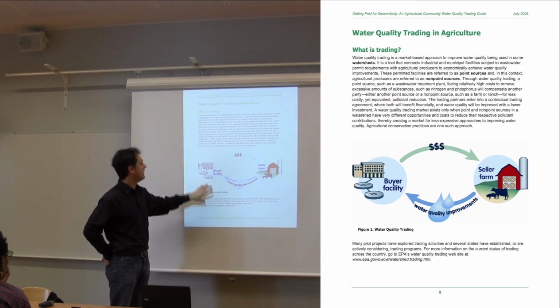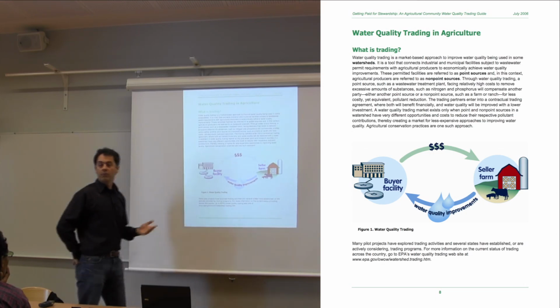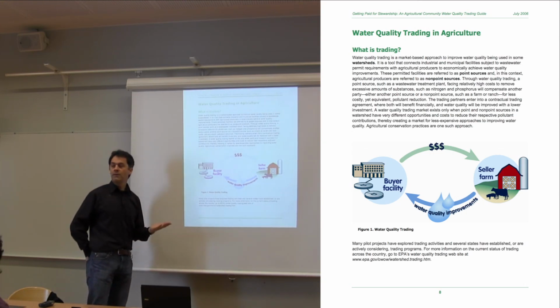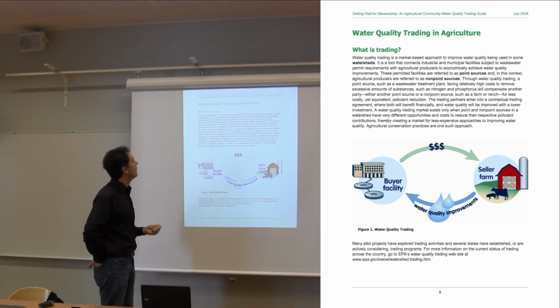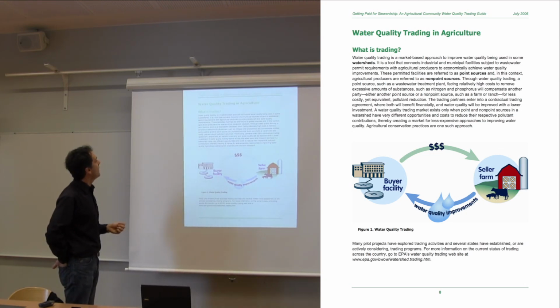For instance, in a water treatment plant, or some other watershed, it could also be a natural reserve, like a biodiversity reserve, some marshes, and so on. So it is a tool that connects industrial and municipal facilities, subject to wastewater permit requirements, with agricultural producers to economically achieve water quality improvement.